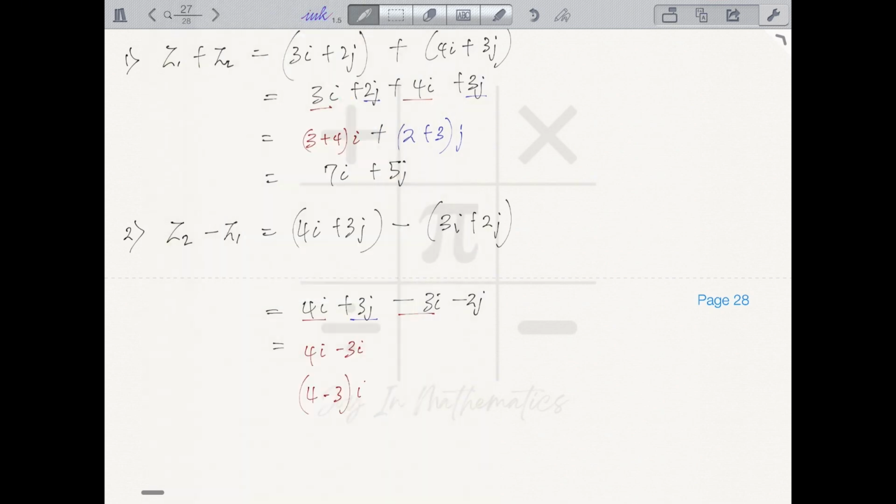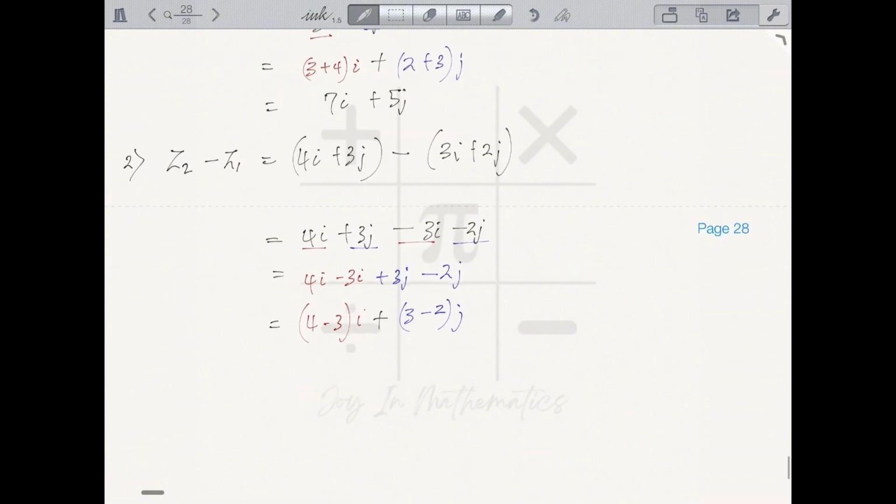Moving on to the j component, we have plus 3j minus 2j, which can be written as 3 minus 2 j, with the addition sign in between them. We simplify further, and this results in 1i plus 1j, which we can simply write as i plus j.